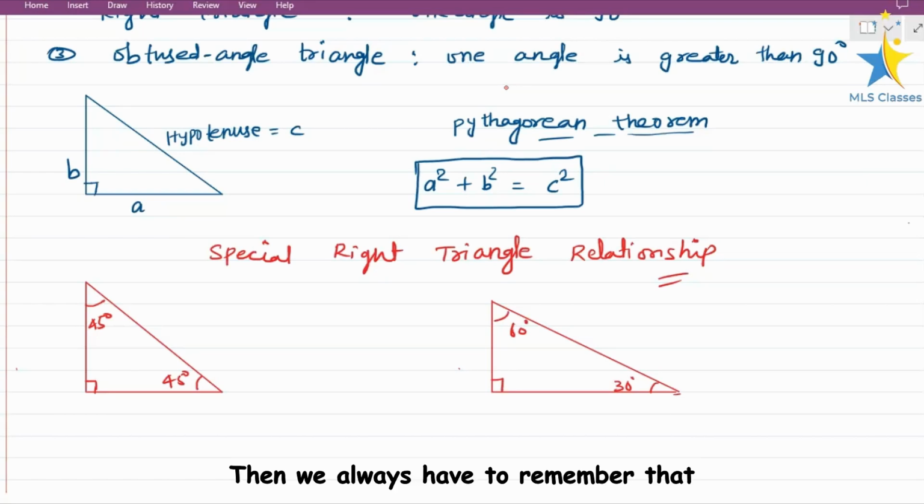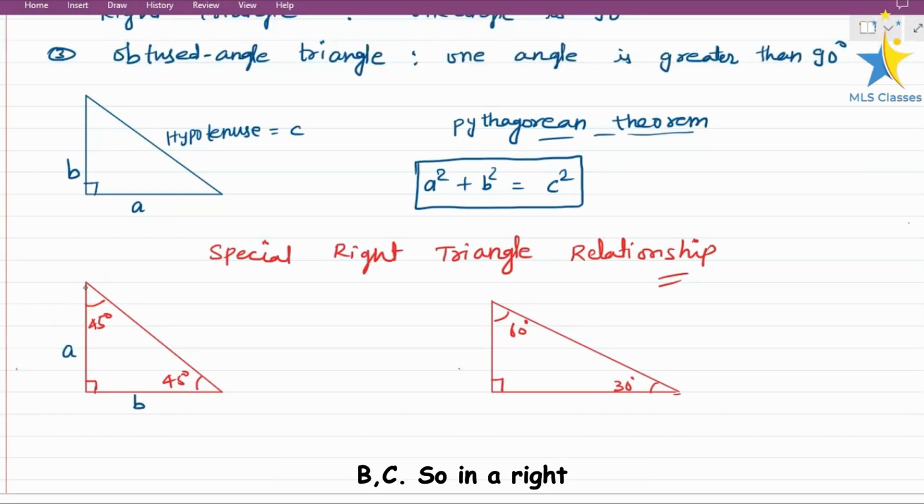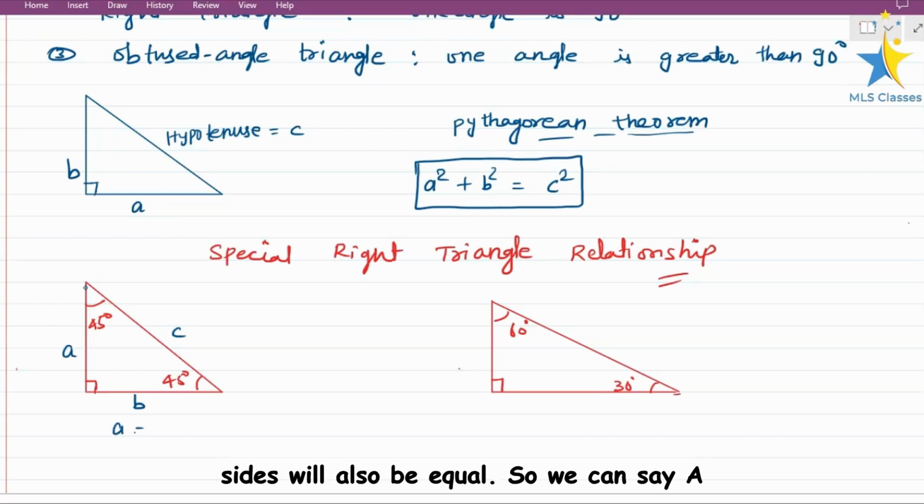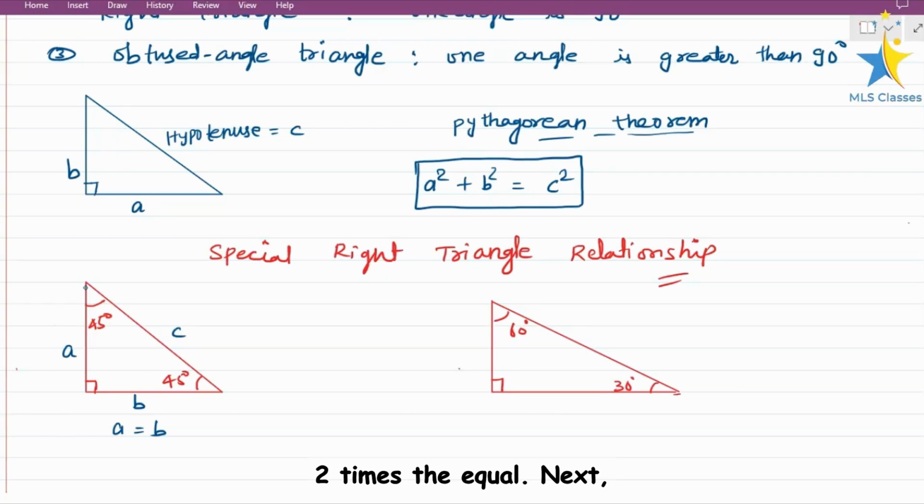Then we always have to remember that these sides are A, B, C. So in a right angle triangle where two angles are 45 degree, that means this is an isosceles right angle triangle, because two angles are equal, that means these two sides will also be equal. So we can say A is equal to B. And always remember, hypotenuse is root 2 times these equal legs.